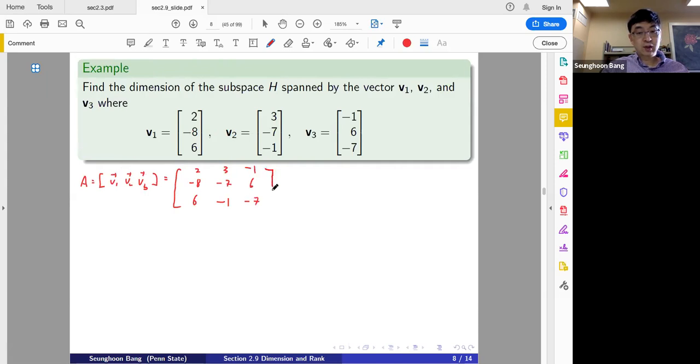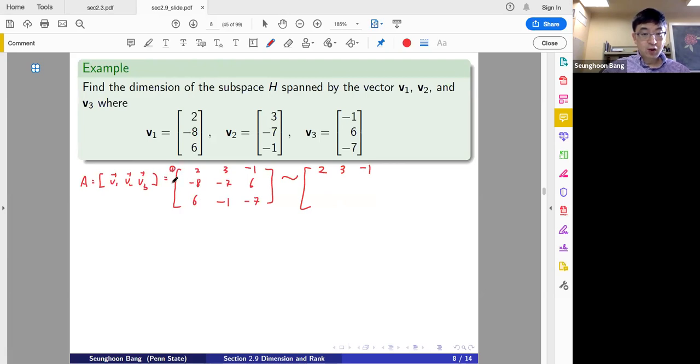The next step: we can change this to echelon form. You have to keep 2, 3, -1.